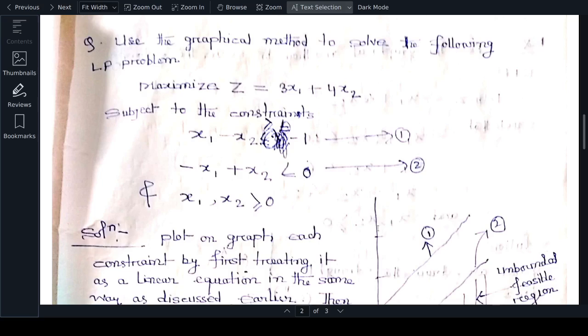So you see, first our objective function is a maximization problem.